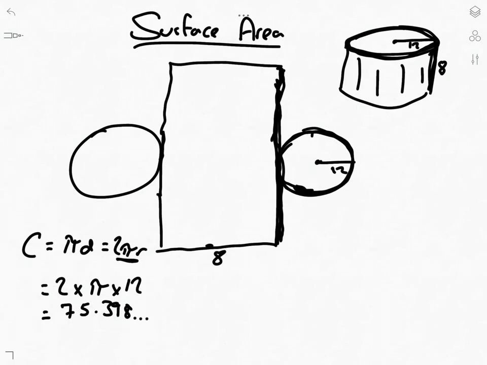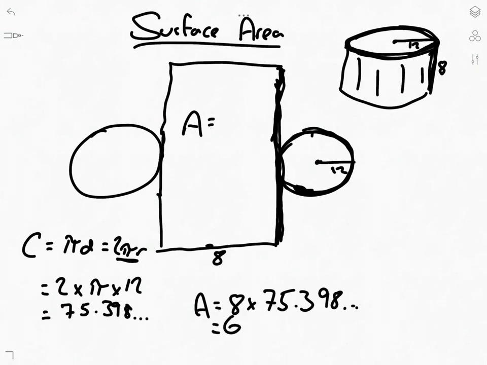I'm putting dot dot dot because I'm not going to write the whole number out, but I'm also not going to round it. So I'm just going to use that number that I've got and put it straight into this next calculation. So this area here of this bit, so A equals 8 times what I've got on my calculator. So I'm just going to times the answer I've got on my calculator by 8, and I get 603.185.